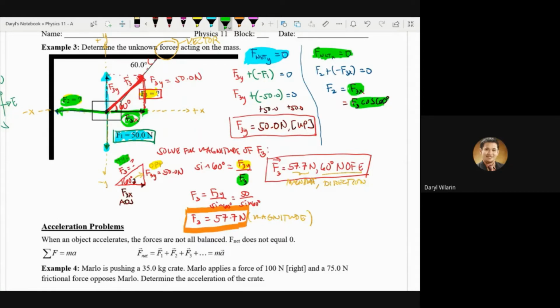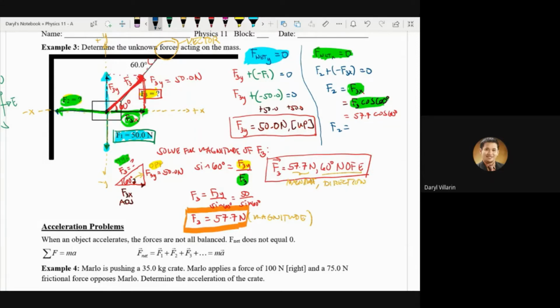And now I already know the value of my F3. So that would be 57.7 cosine of 60 degrees. So the magnitude of my F2 would be equivalent to whatever value that it will give me.